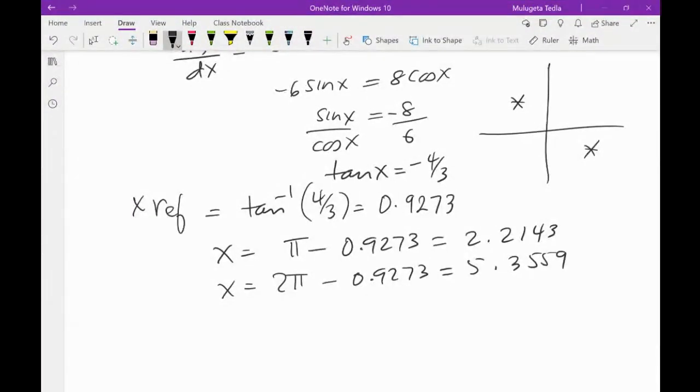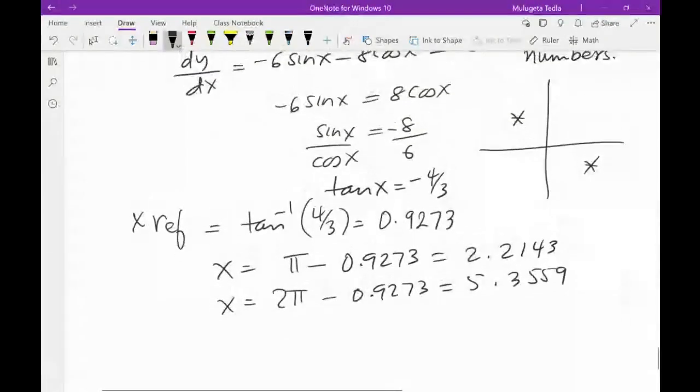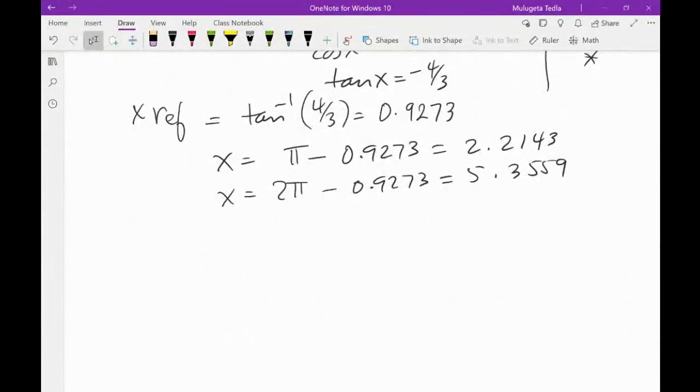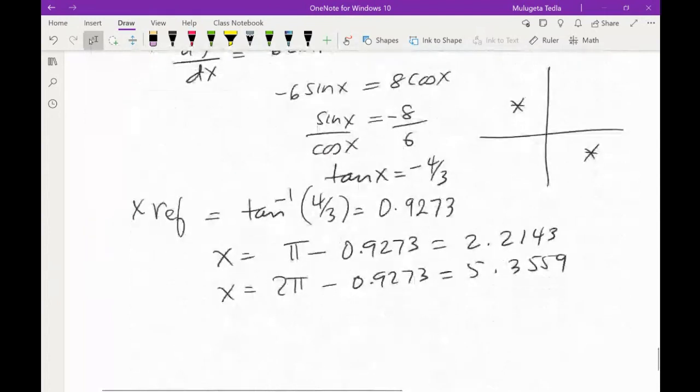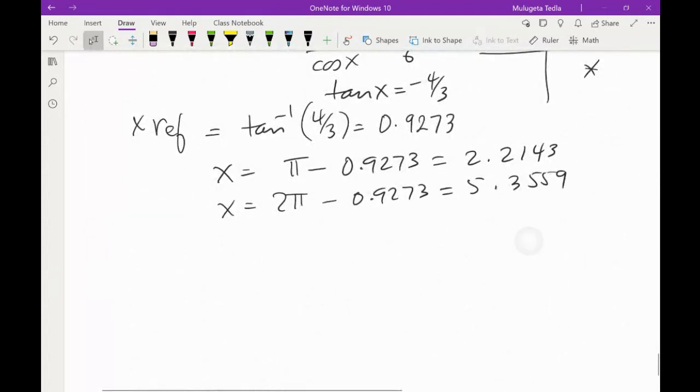Therefore, we can test them. We can test with the second derivative or first derivative, right?